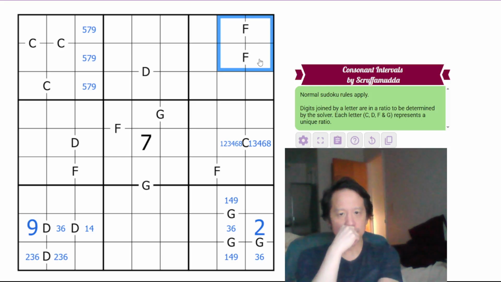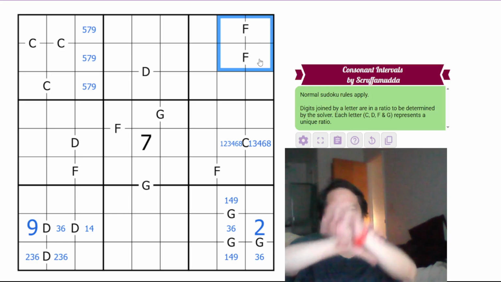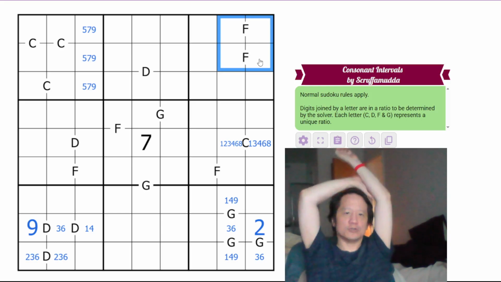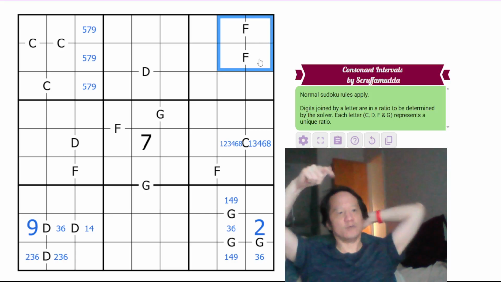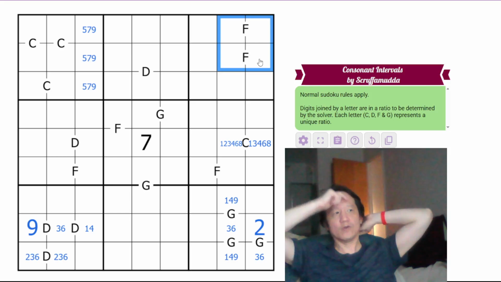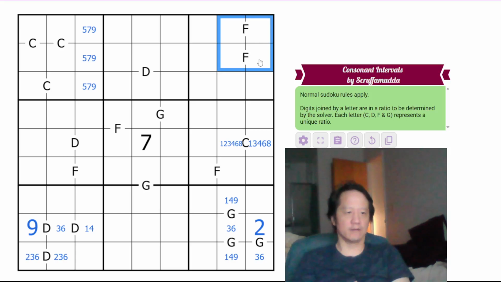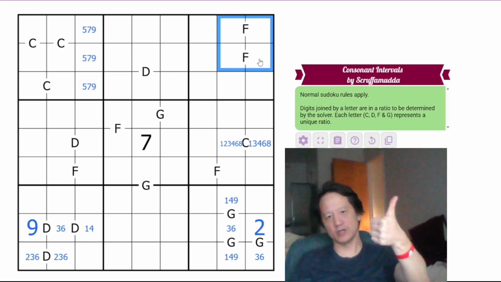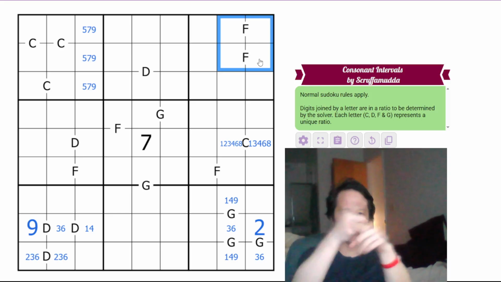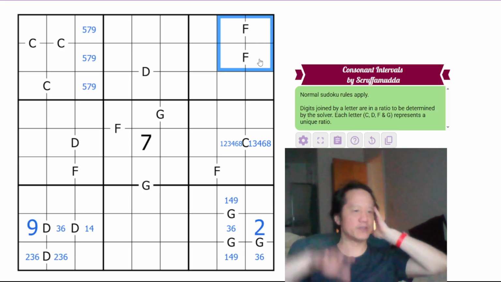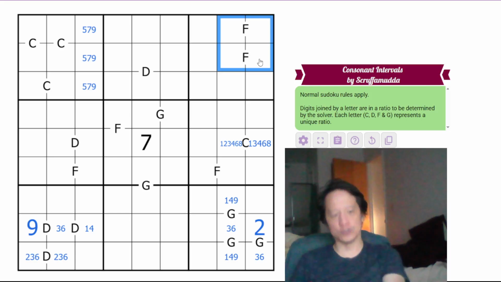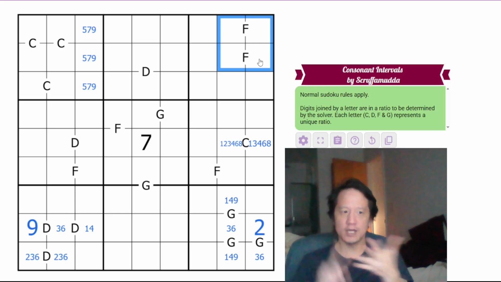Because if you had two ratios of that, you have to essentially double those ratios. So the ratios, again, you can't have 1 to 1 because you have two digits in the same row or the same column, and normal Sudoku rules would prevent that. You have 1 to 2, 1 to 3, 1 to 4, but you can't have 1 to 5.